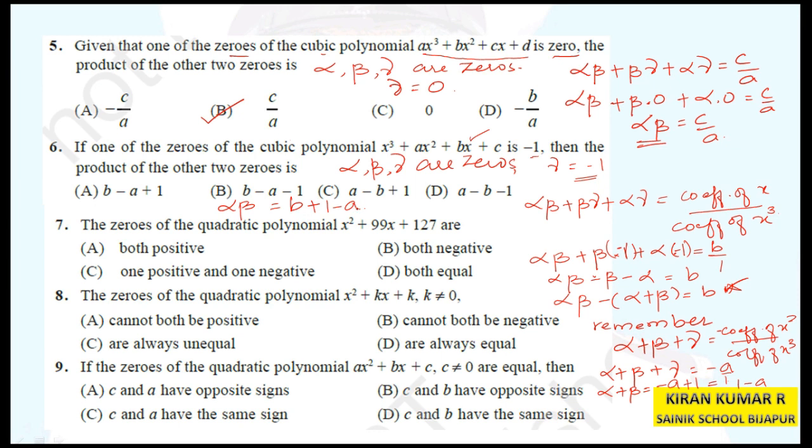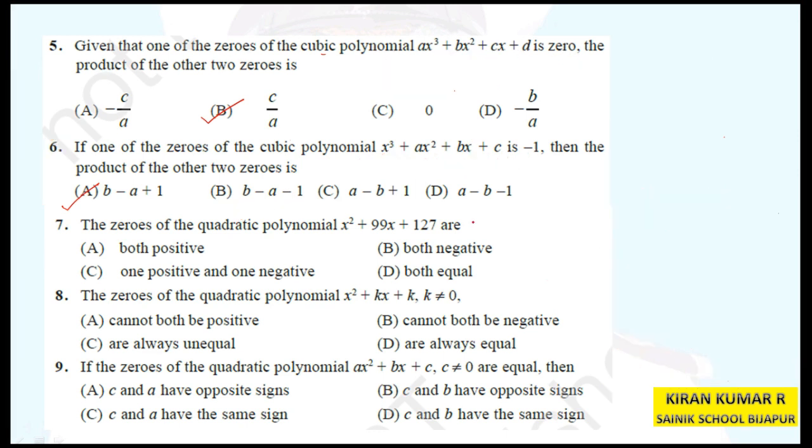Positive b, negative a and positive 1 is there in option A. So the right answer is option A. It's a little complicated compared to the previous one because the a, b, c values are not in their positions of the standard polynomial. This question is a little confusing. Still, when you work it out by taking the standard definition, you will be able to get the right answer.